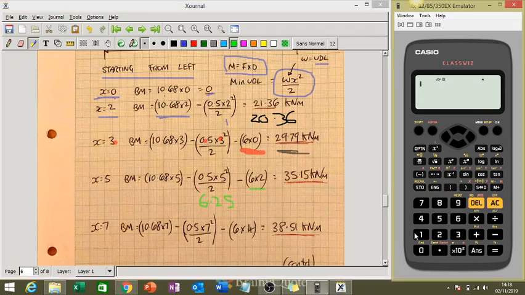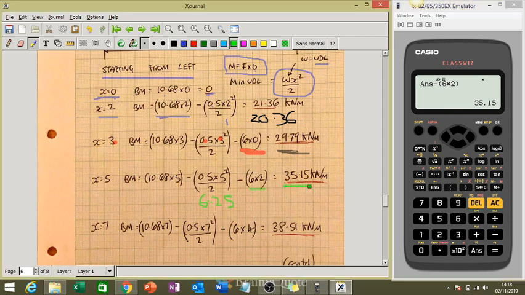So 10.68 times by 5 equals that. Take away 6.25, equals that. Take away 6 times 2, which is 12. Press equals, 35.15. So that there is the bending moment at x equals 5.